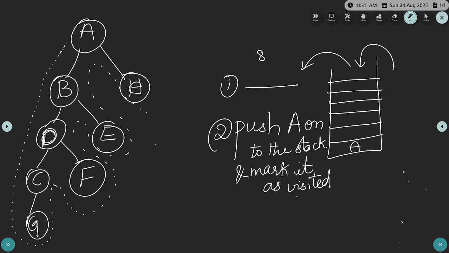Is there any adjacent node for A which is to be visited? There is no adjacent node. What is the next node that I have to visit? B. So I have to pop this A from the stack in the next step. Pop A from the stack and visit the unvisited vertex.